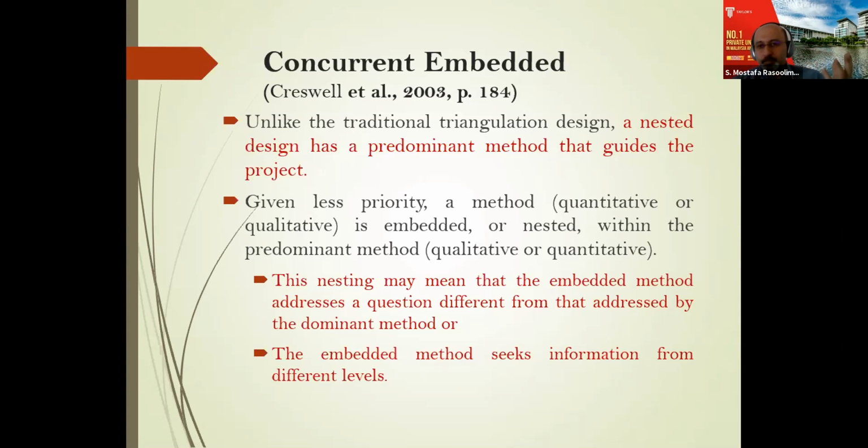So we are investigating, again, a previous example, but now with a different purpose. Quantitative is main. We want to investigate customers' perception about green products. So the main method is quantitative, right? But still, we need to understand perception at another level, but this is not actually part of the main question.